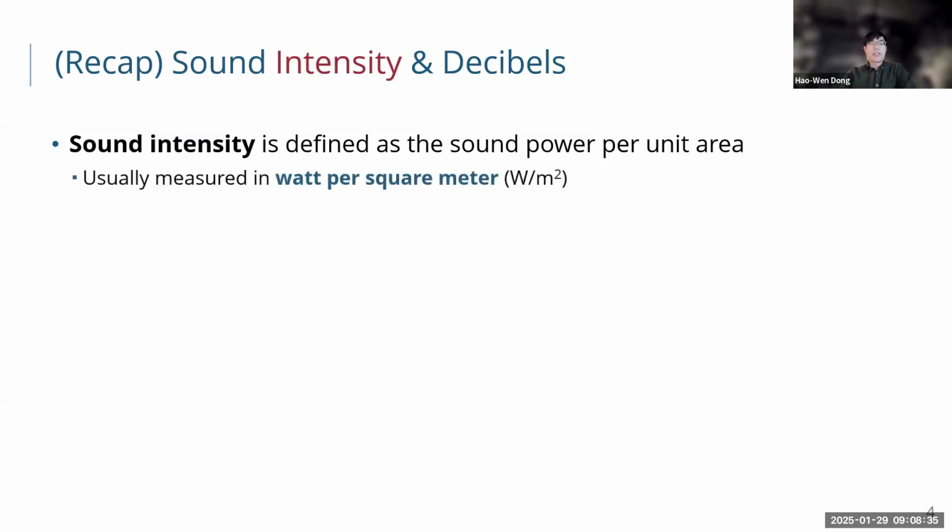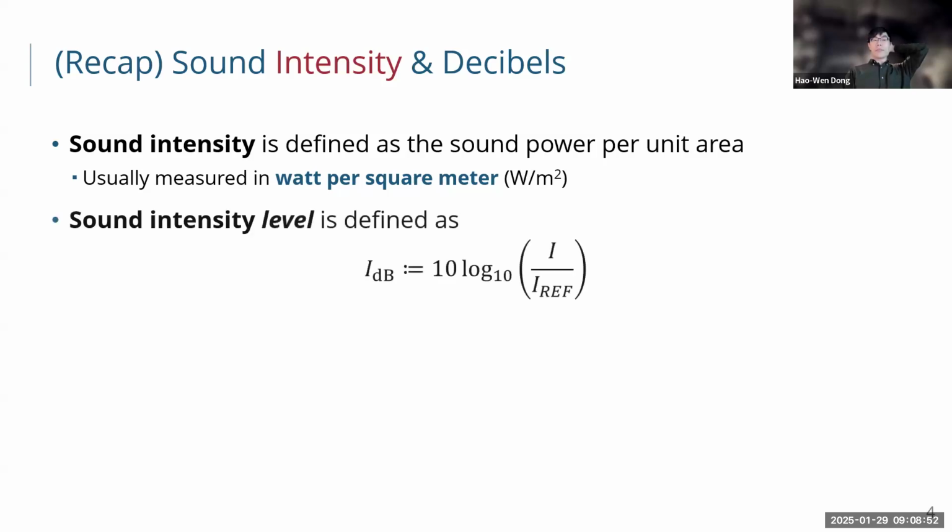And we talked about sound intensity, which is defined as sound power per unit area. The important thing here is that it's defined similarly to pressure, like force per square meter, but here it is watt per square meter, so power per square meter.